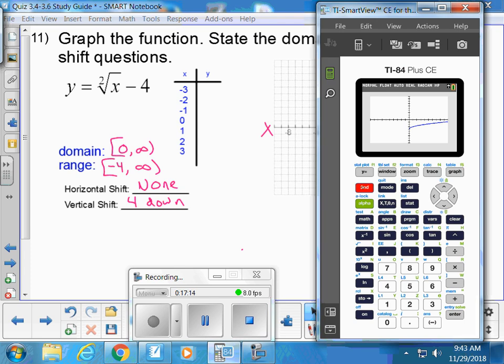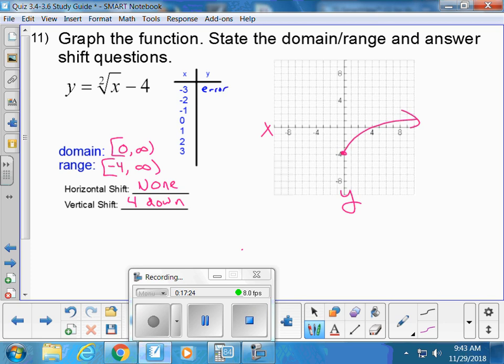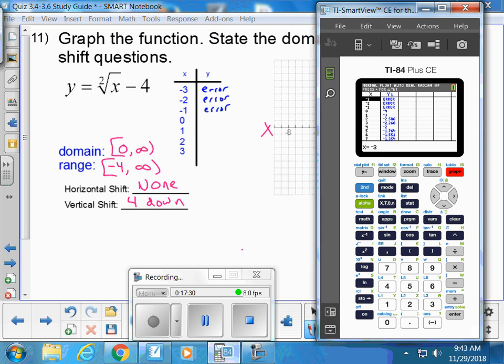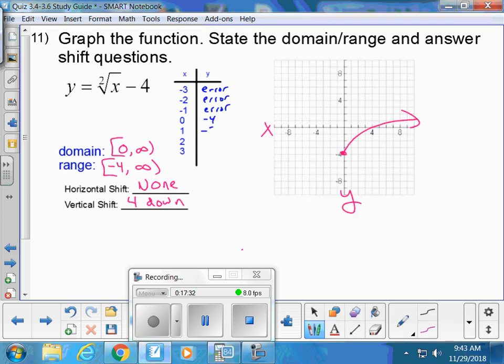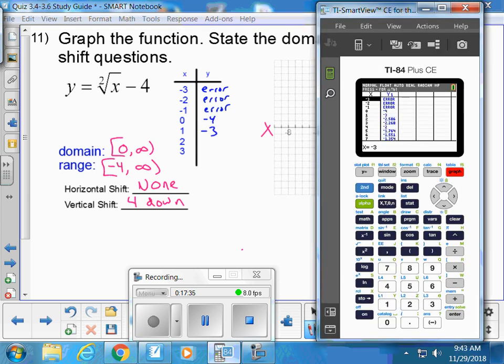To get into your table at a second graph, oh, we're going to have some errors. That's because it never travels down in the negative regions. So it's going to be an error for the first 3. At 0, we're down at negative 4, and then negative 3, and then negative 2.5, is that an 8? It's really hard to read my screen.